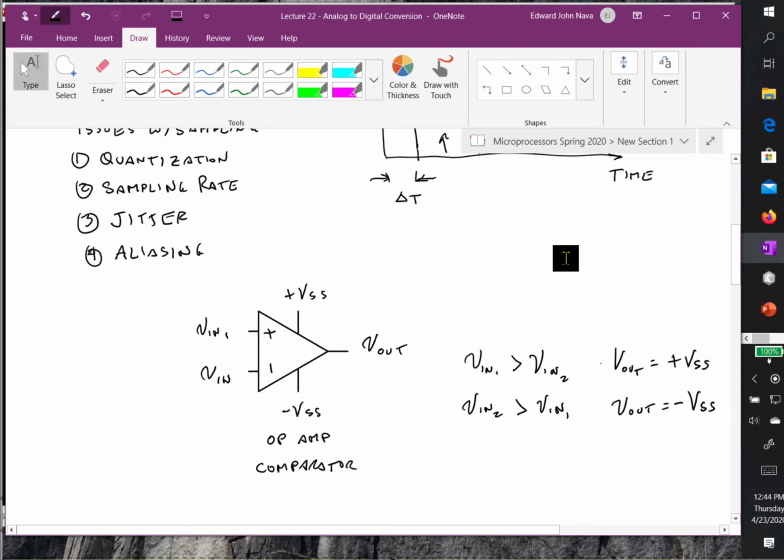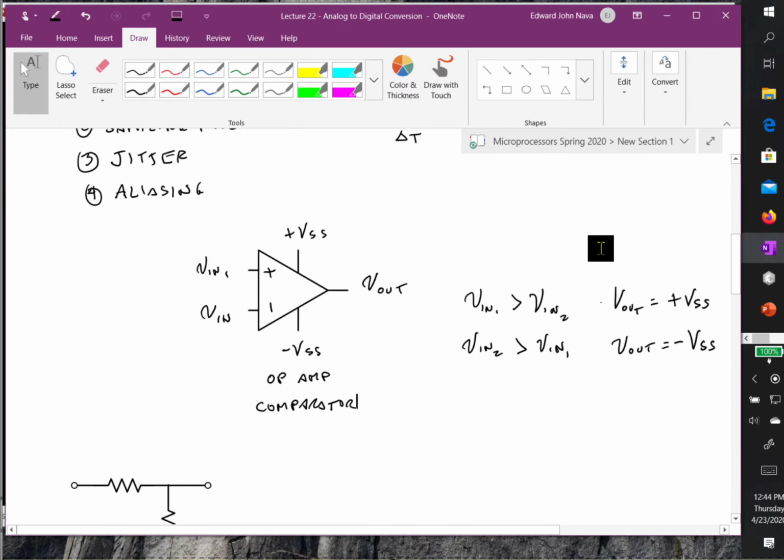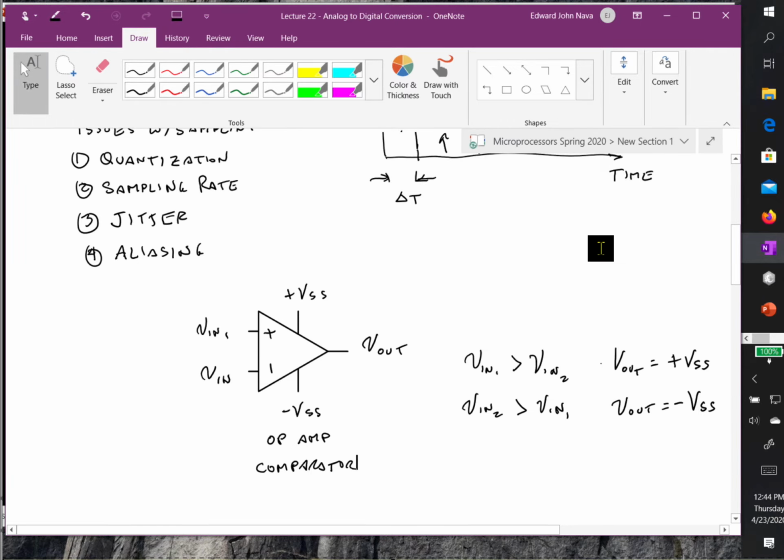Now, you probably have seen op amps. What are some of the characteristics of operational amplifiers that make them desirable for a broad variety of applications? Infinite input impedance.